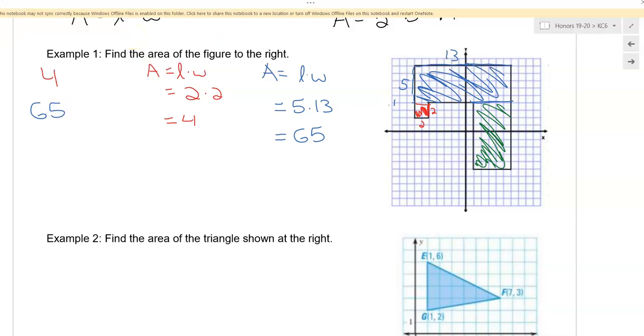Then we have our green. It is also a rectangle. So I have 1, 2, 3, 4, 5, 6, 7, 8, 9, and 1, 2, 3, 4, 5.